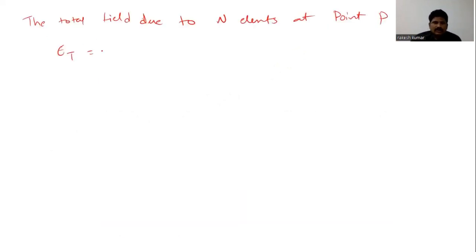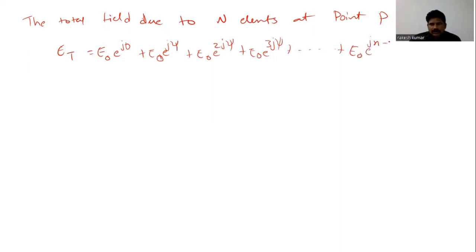So Et is equal to, since all amplitudes are the same, E0 e^(j0) plus E0 e^(jψ) plus E0 e^(j2ψ) and so on, up to E0 e^(j(n-1)ψ).